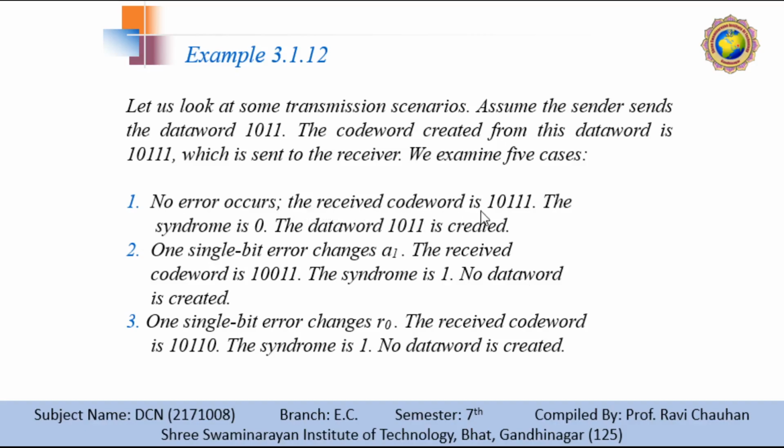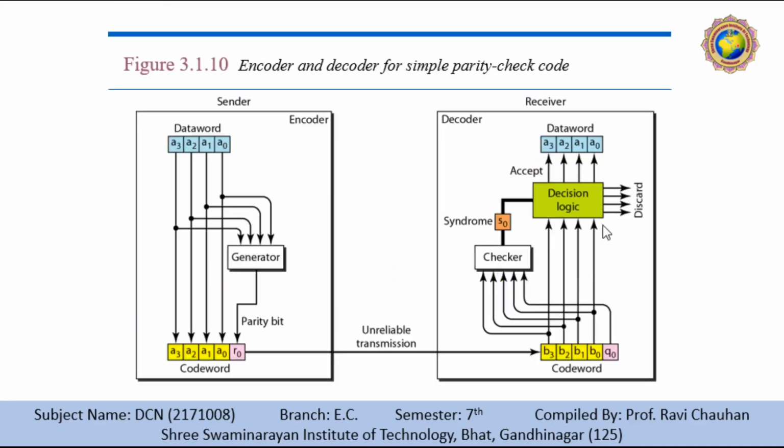The received code word is 10111. The syndrome is 0. The data word 1011 is created. In the second case, one single-bit error changes A1. The received code word is 10011. The syndrome is 1. No data word is created because it is discarded.